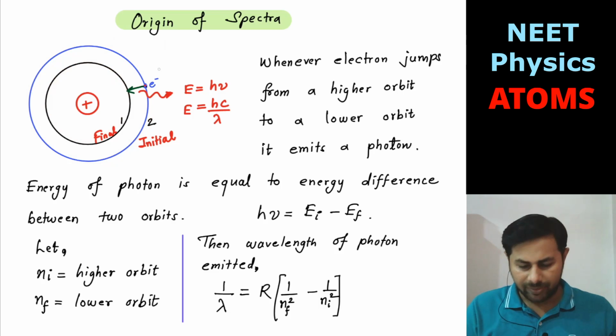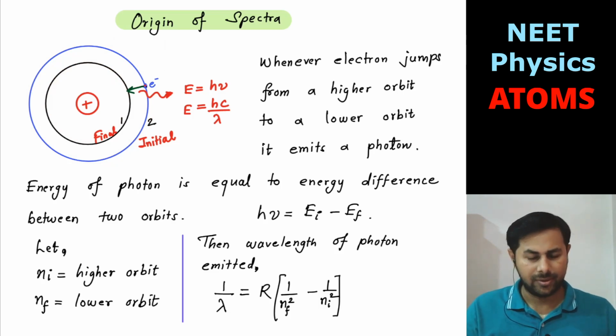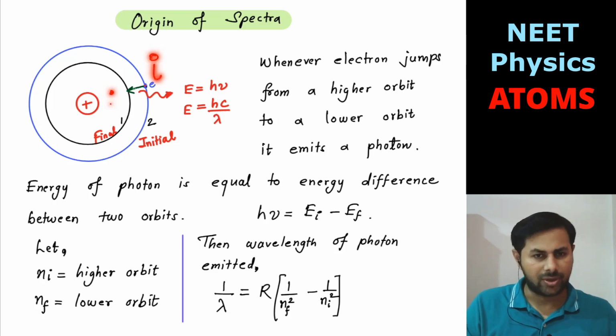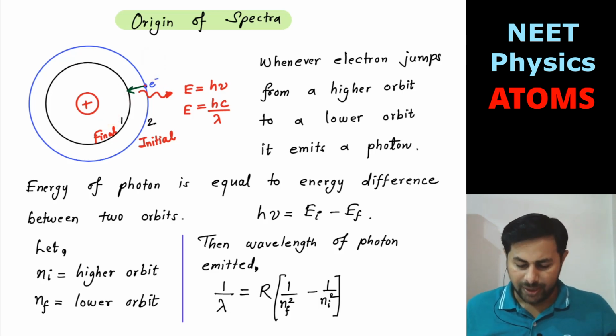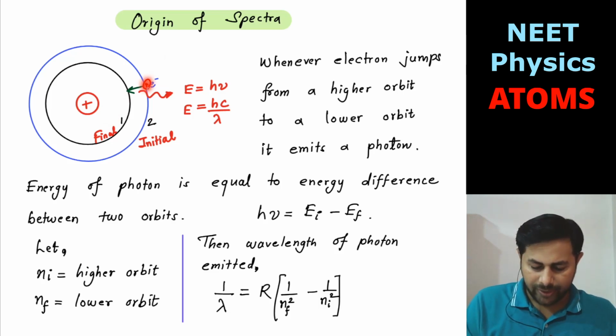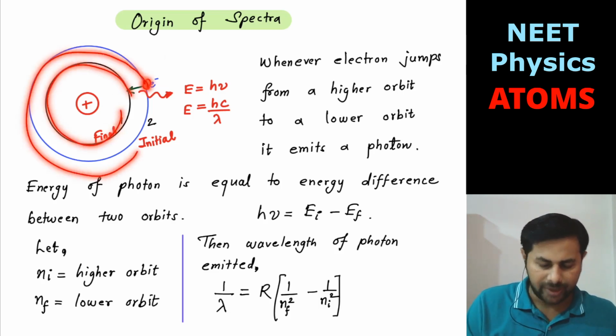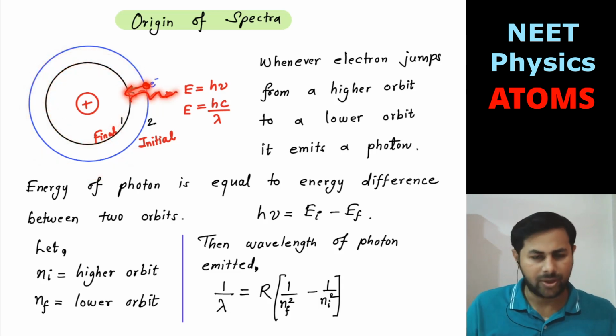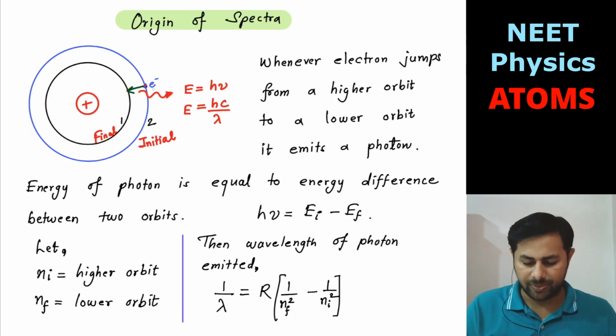If it jumps from a higher initial orbit to a lower final orbit F, the energy of the two orbits is different. So it emits a photon having energy equal to the energy difference between these two orbits.